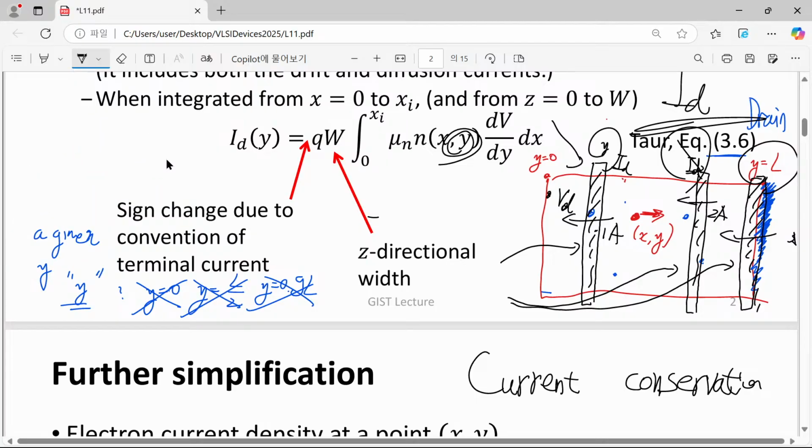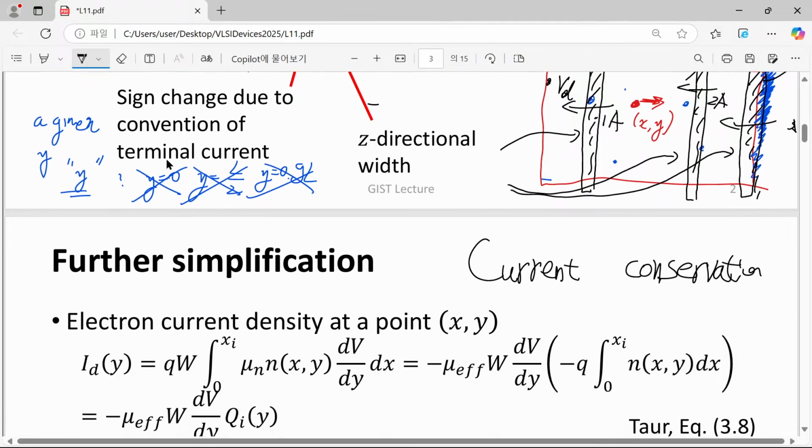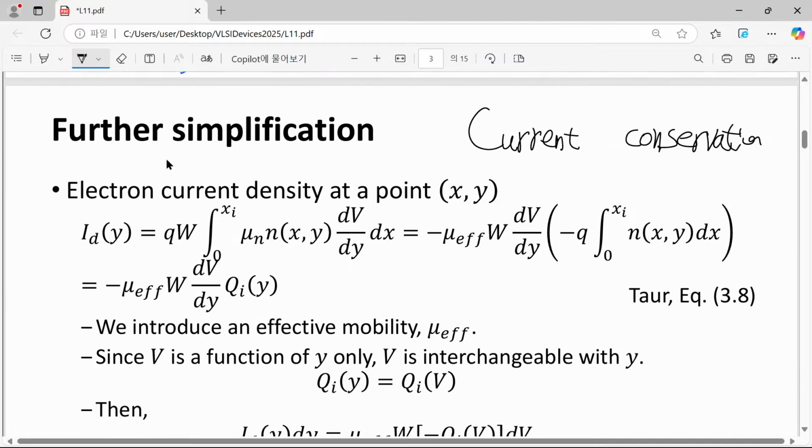This is just a position dependent quantity. You can evaluate this quantity everywhere. If you want, you can do it even at y equal to 0. However, what I wanted to say is that it should be just a number which does not depend on your y. That is the key. So please have a look at this part.